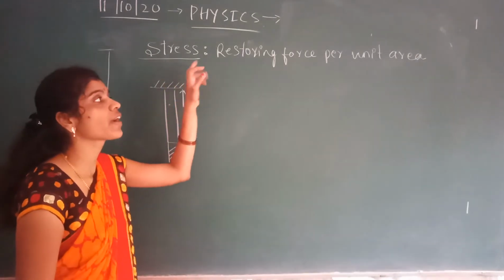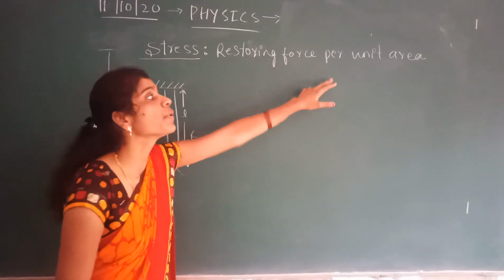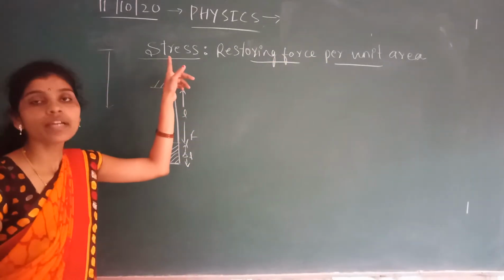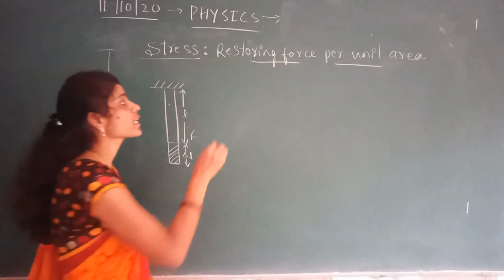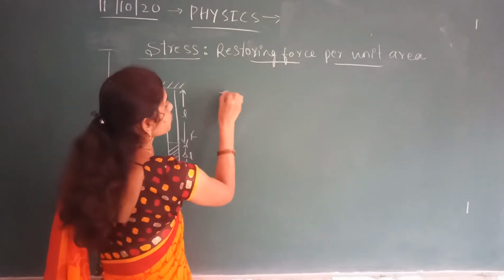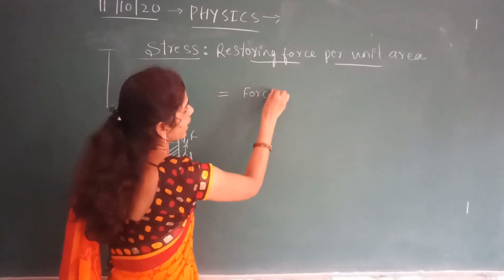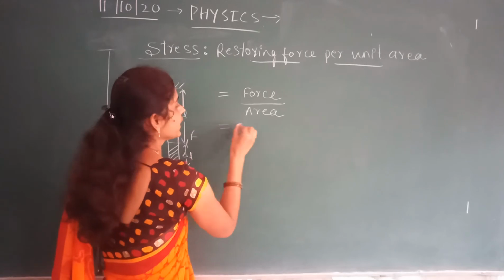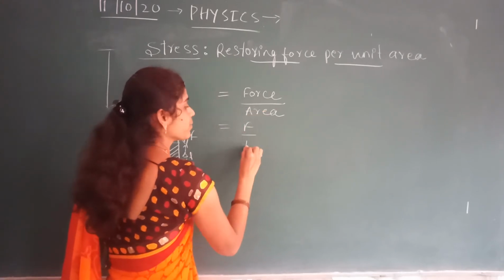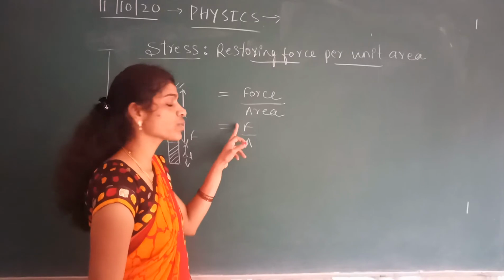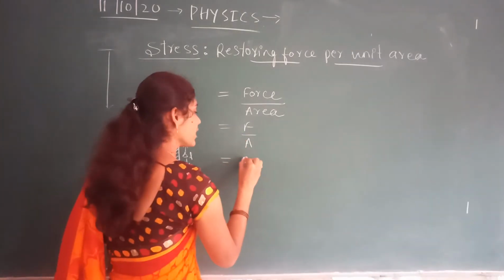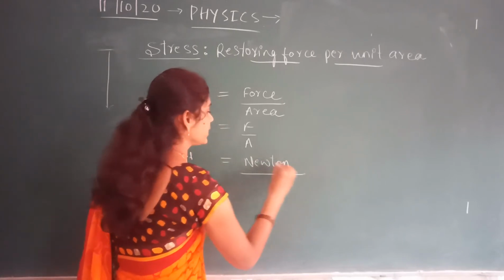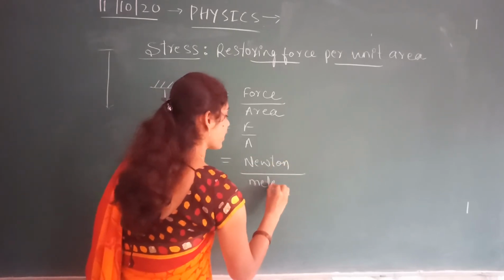Therefore stress is defined as restoring force per unit area of the deforming body, and it is represented by the formula force divided by area, symbolically F divided by A. Force is measured in the SI unit Newton, and area is measured in meter square.